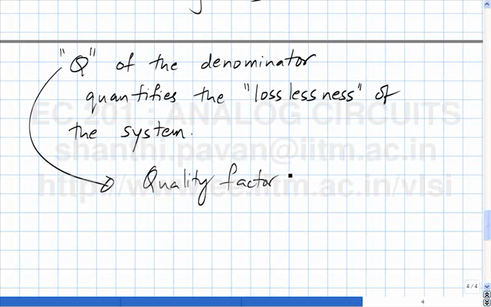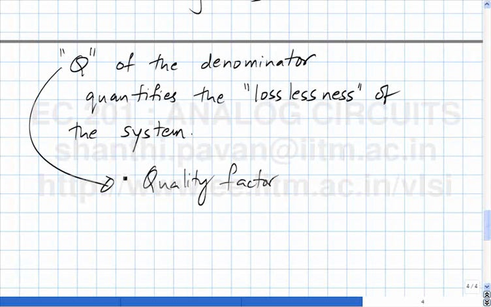How long the oscillations take to die down is an indication of the damping. If the oscillations last for a long time, does it mean it's less lossy or more lossy? Less lossy. In other words, the quality of the inductor and the capacitor is good if the oscillations persist forever. So this is called the quality factor. Since there are two poles, this is a pole pair, and any pole pair is always associated with a quality factor.